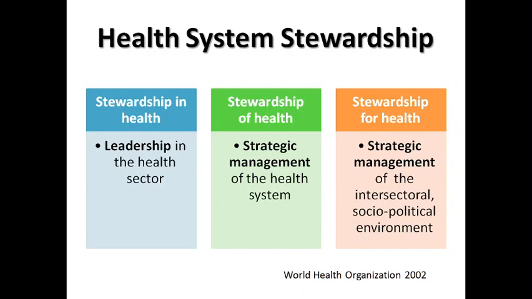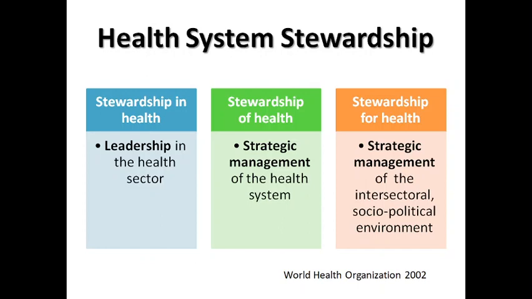The World Health Organization has described what we mean when we say health system stewardship. They said that health system stewardship consists of three types of stewardship. The first is stewardship in health, wherein you look into leadership in the health sector.